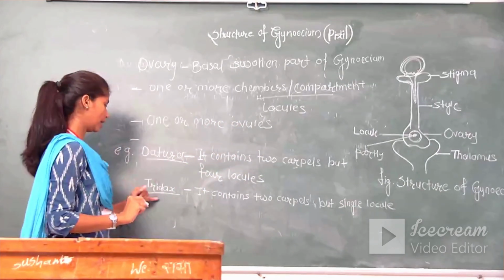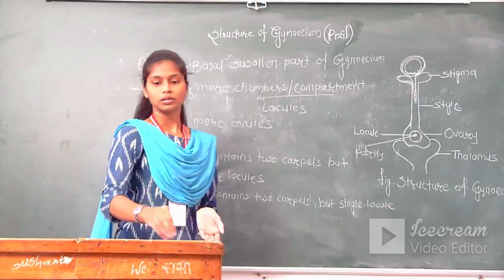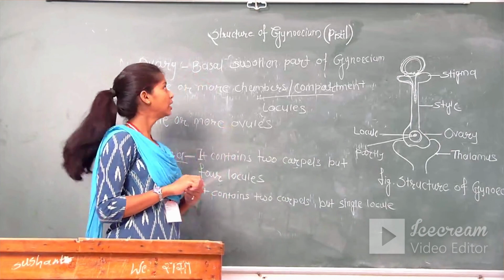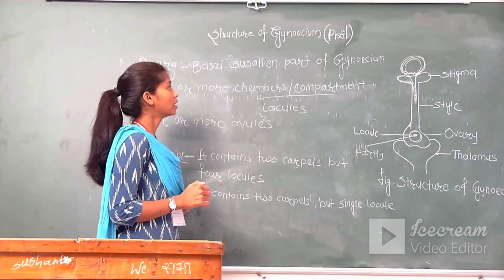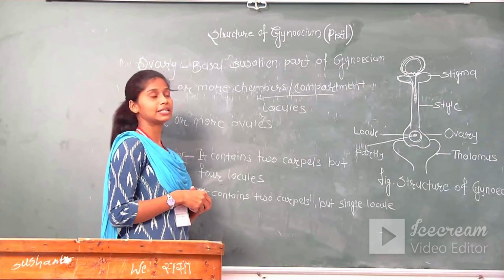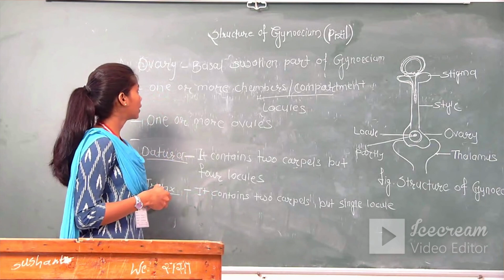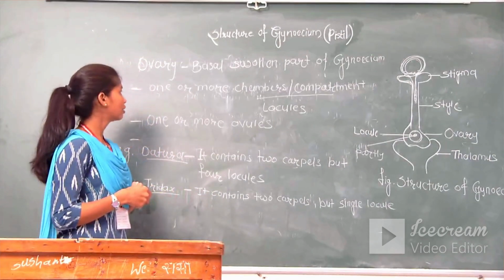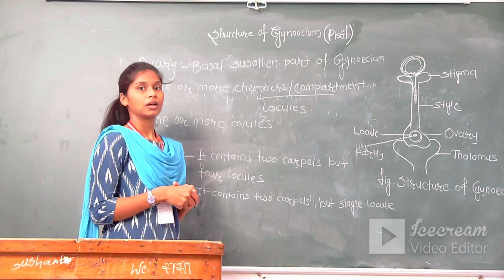So Dhatura and Tridax are the exceptional examples. I hope you are getting what we have studied in this lecture, the detailed structure of the 3 parts of the gynoecium, that is stigma, style and ovary, and depending upon the number of carpels and fusion of the carpels, we have seen the detailed structure of gynoecium. Thank you.